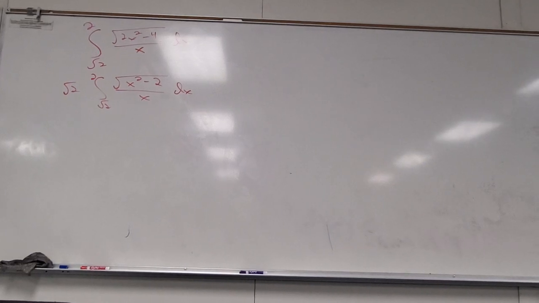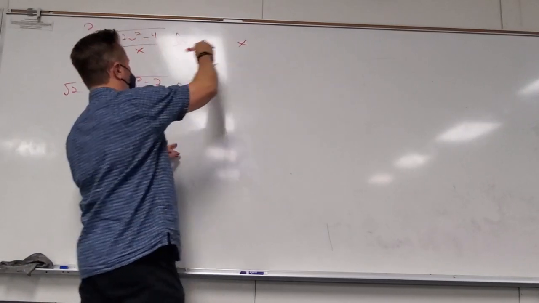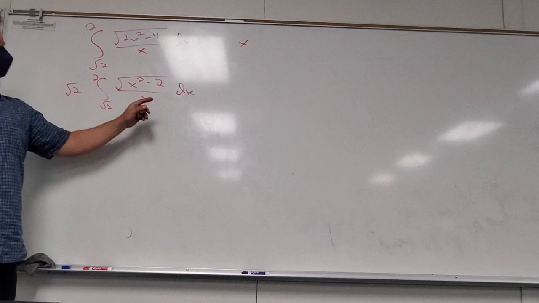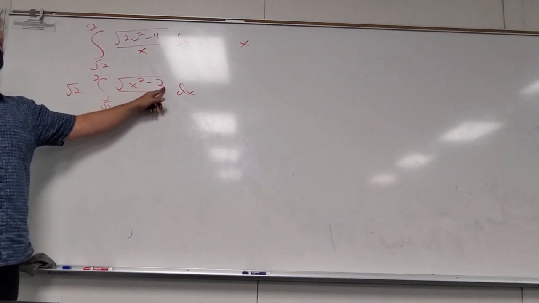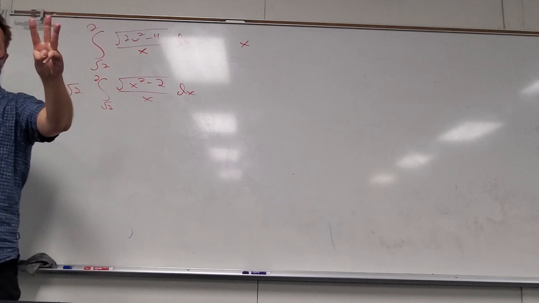Now let's see who remembers. Of course, you can look at this paper too. Which trig sub? Tangent, secant squared minus 1. So you're going to want to let x equal, now we have to be careful. If it was x squared minus 9, I would let x equal 3 secant, right?